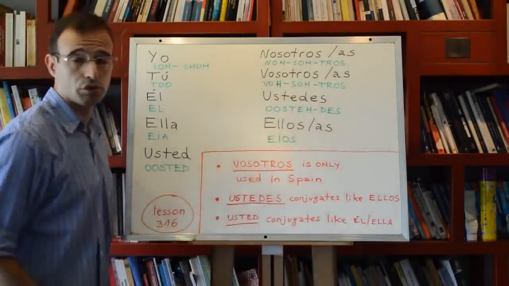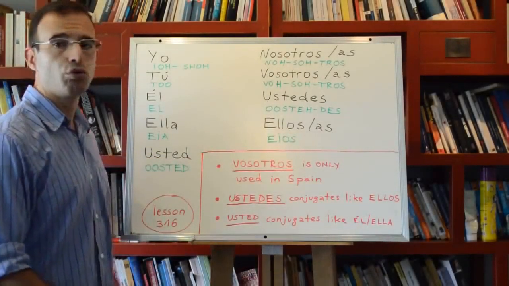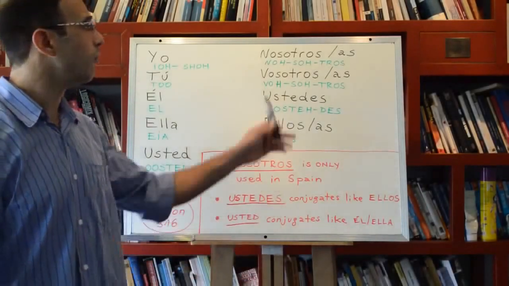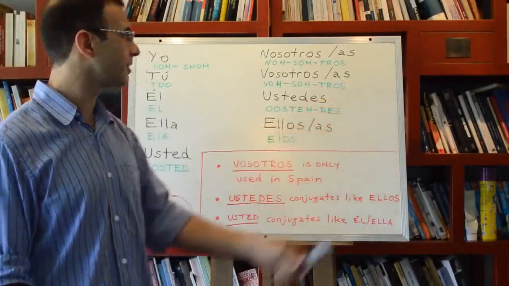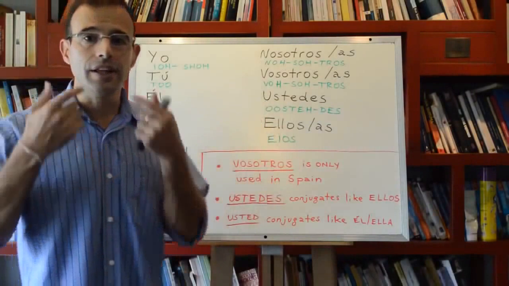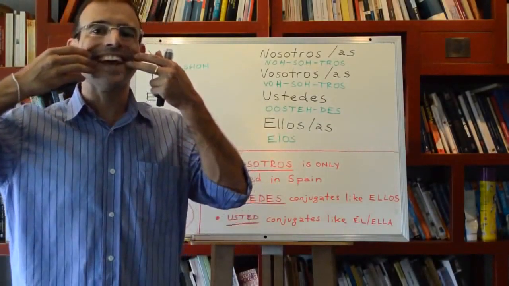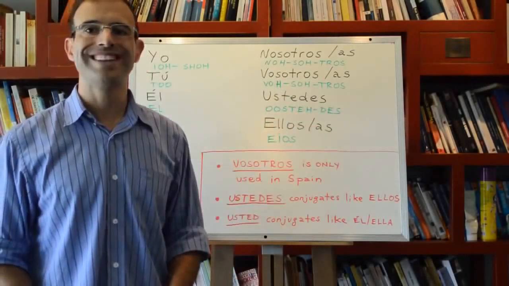Same thing with vosotros, you all, right? Vosotros, not vosotros, it's vosotros and vosotras. Ustedes, right? Letter E is pronounced with a very open mouth. It's not ustedes, it's ustedes.